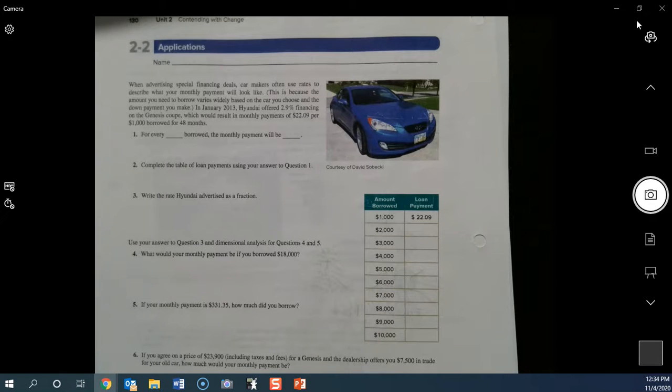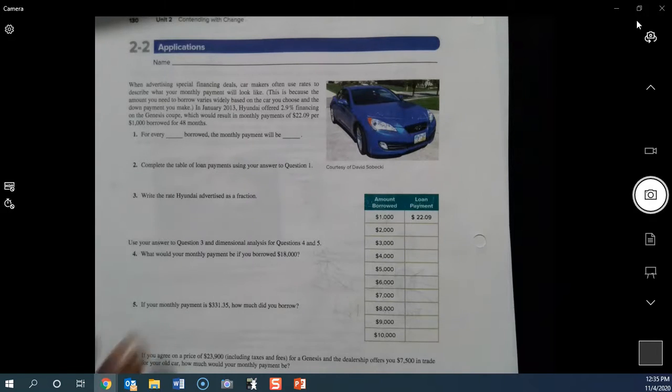This is because the amount you need to borrow varies widely based on the car you choose and the down payment you make. In January 2013, Hyundai offered 2.9% financing on the Genesis Coupe, which would result in monthly payments of $22.09 per $1,000 borrowed for 48 months.